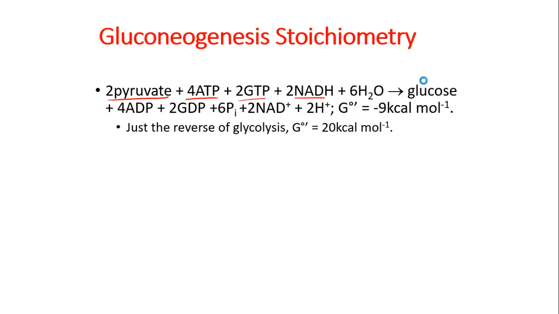So for you to produce 1 molecule of glucose, you need 2 pyruvate molecules and 4 ATP. If you remember very well, in glycolysis, 2 molecules of pyruvate were being produced, and then 2 molecules of ATP were being produced.